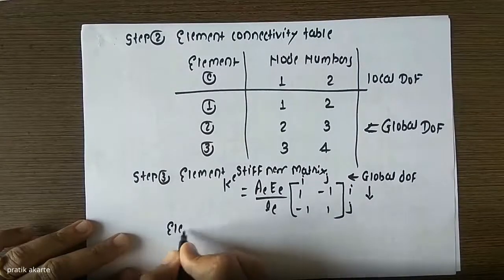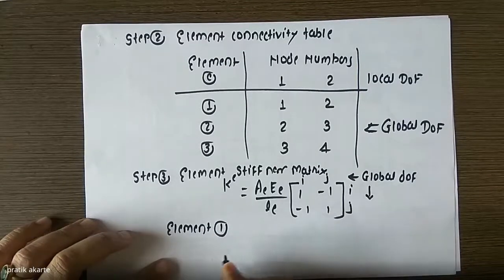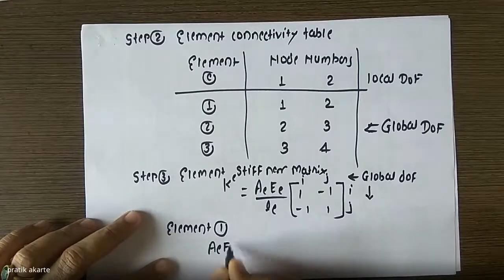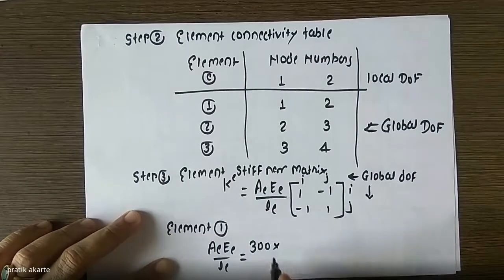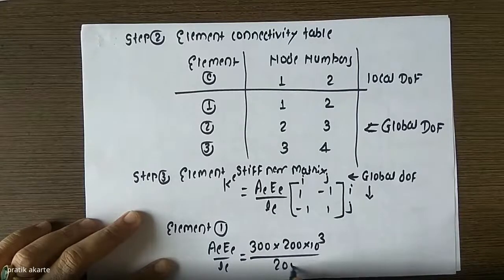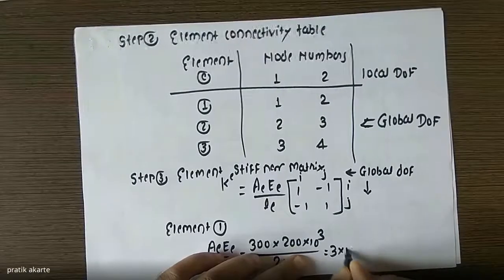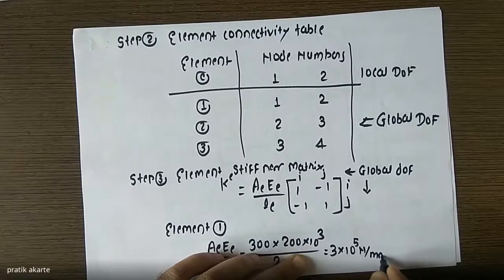So for element number 1, we can write AE by L. As we multiply it, we take the product 300 into 200 times 10 raised to 3, divided by the length of the element, which is 200. All this stuff is given to you. So it comes out to be 3 into 10 raised to 5 Newton per millimeter. Okay.